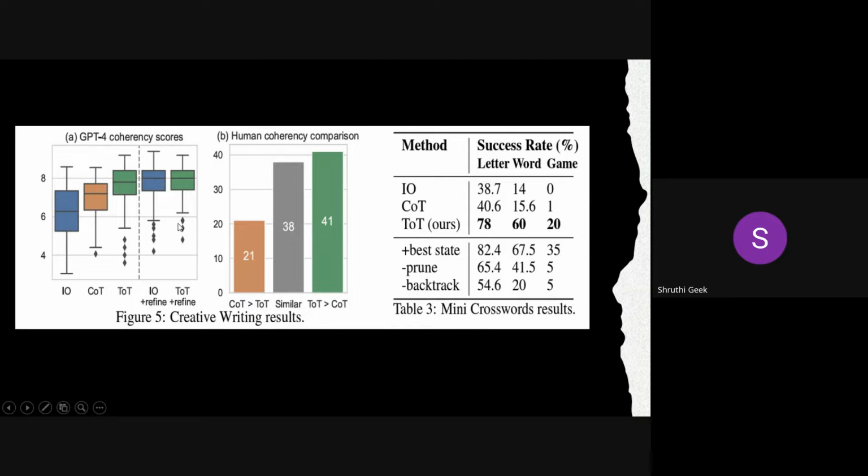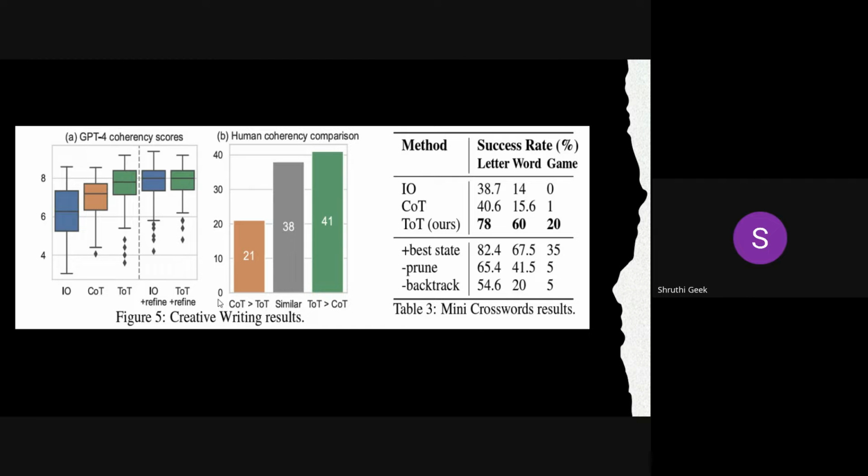Yes, it is better, but not that big compared to CoT or IO for standard prompting. And you all know the reason behind this. It is an LLM, a language generator model, which already works very well on unstructured data. Since creative writing is all about generation, it works well in that case already.